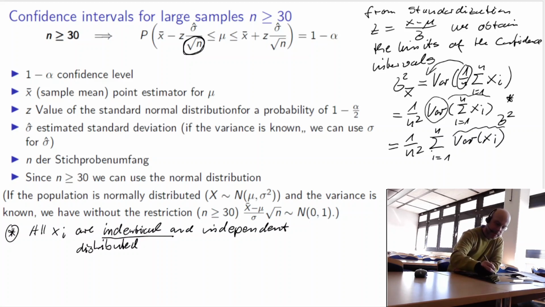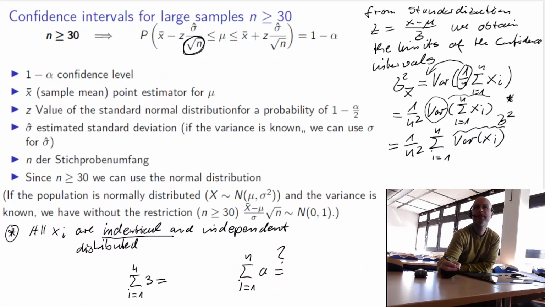And what is the sum of a fixed number, i from 1 to n? Or let's say, sum over 3, i from 1 to 4. What is this?